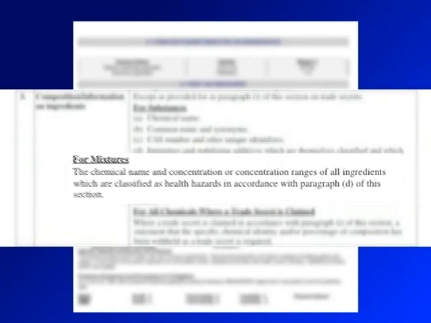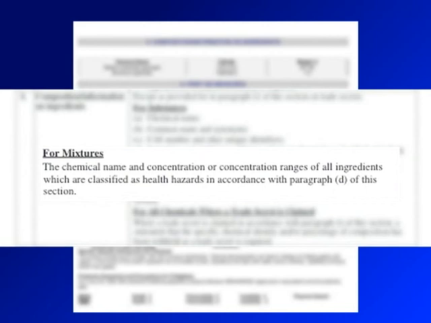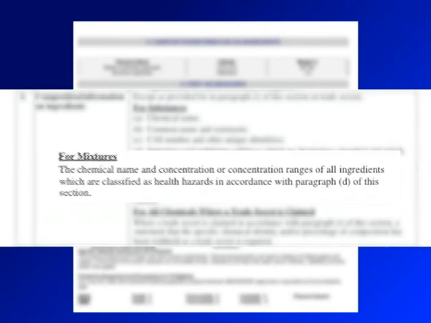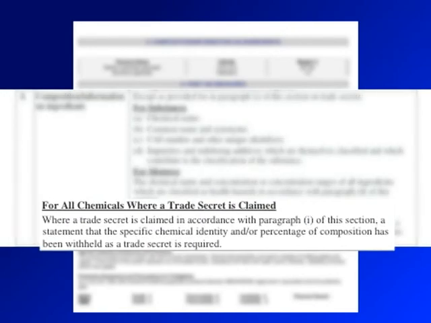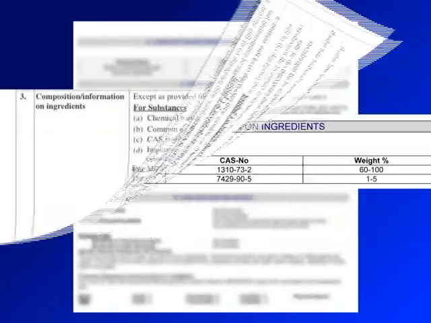For mixtures, the SDS should state the chemical name and concentration or concentration ranges of all ingredients which are classified as health hazards in accordance with paragraph D of the HCS. And for all chemicals where trade secret is claimed, a statement that the specific chemical identity and/or the percentage of composition has been withheld because a trade secret is required.